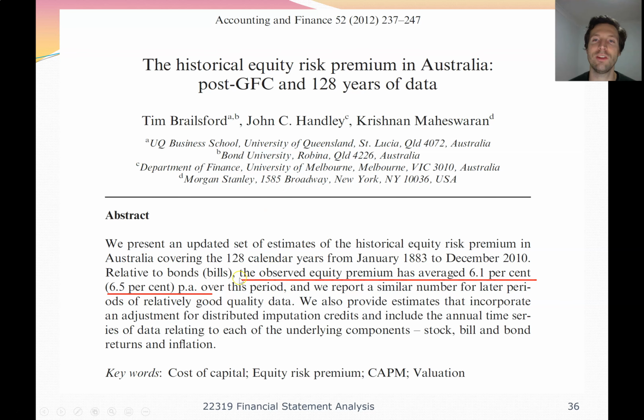With Australian government bonds they get a 6.1% risk premium, and with Australian government bills they get a 6.5% risk premium. So that's a nice historical number that you could use. It's over 128 years of data, a long time.